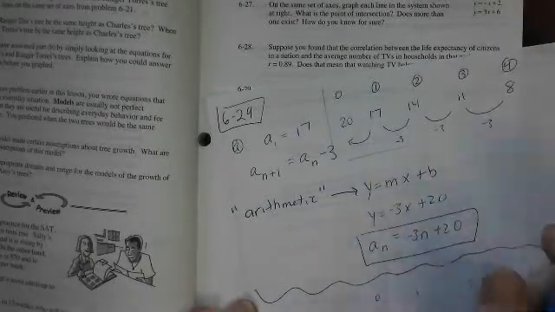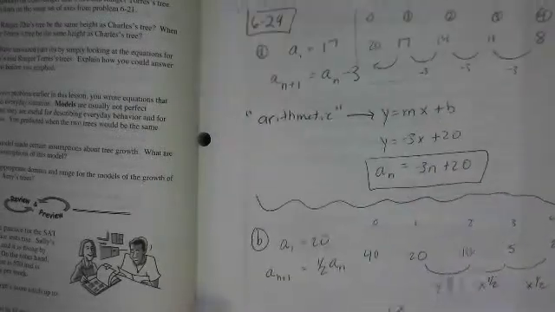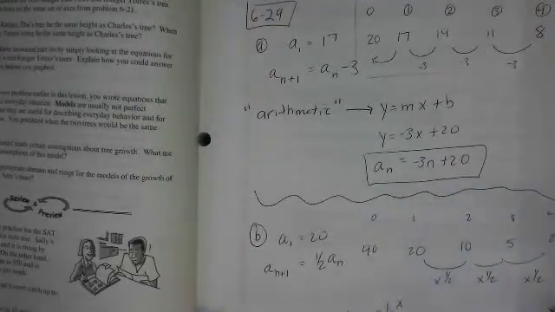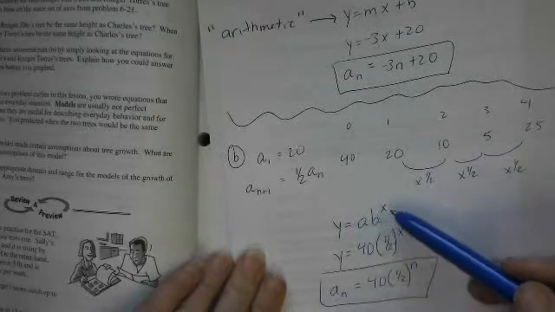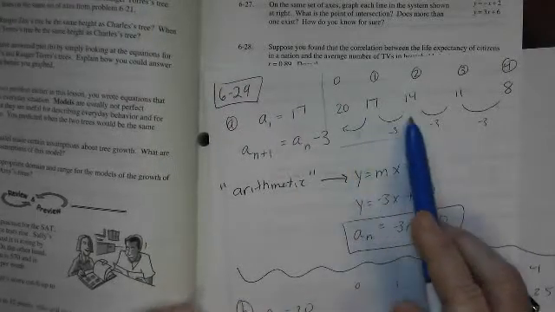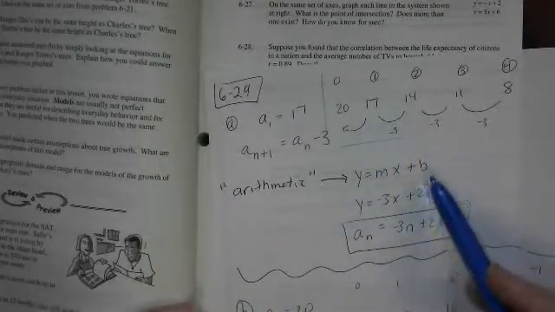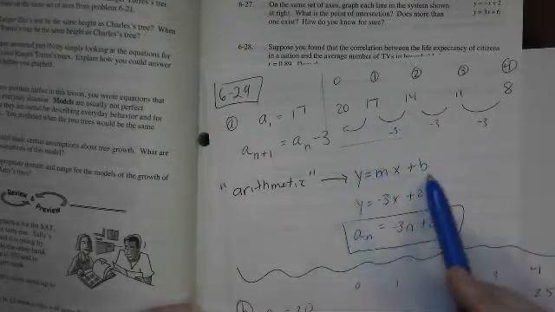It's going to look like y equals mx plus b. If it's geometric, like it's multiplying, then it's going to look like y equals a times b to the x. This one, I see that it's always adding -3 each time.